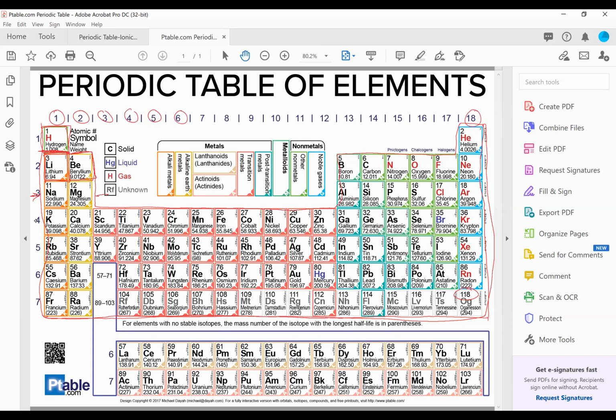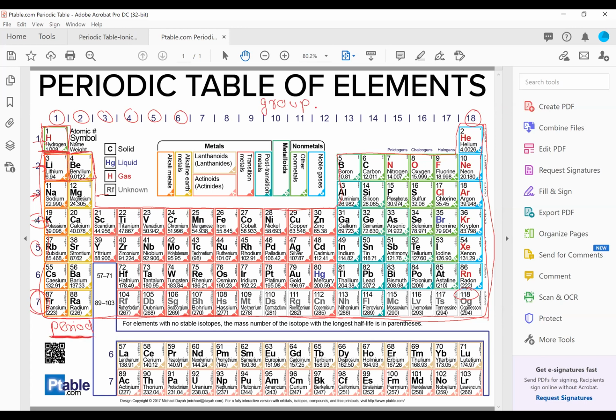Generally in a table we call these columns, but in the periodic table we refer to them as groups. Please remember this: every time your professor or the book uses the word group, it means the columns of the table. The horizontal rows, numbered 1, 2, 3, 4, 5 up to 7, are called periods. I'm going to write that here.